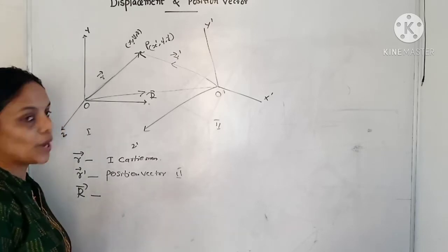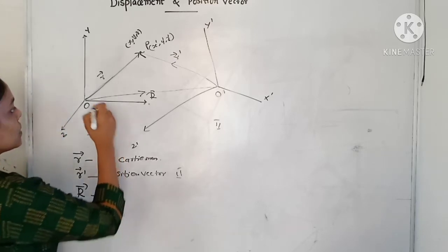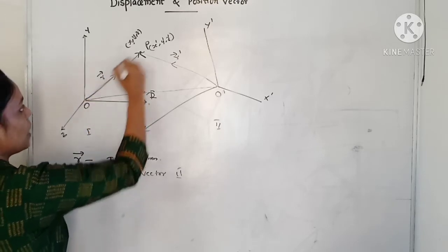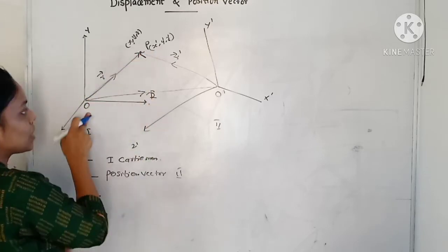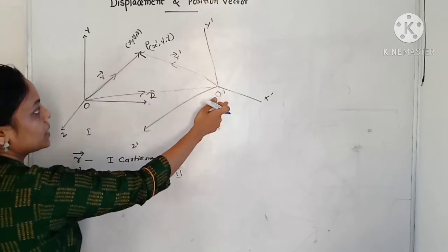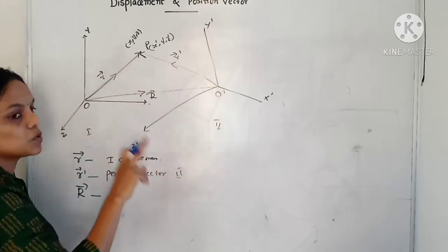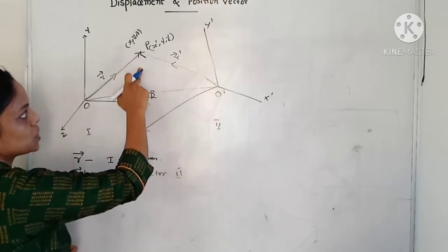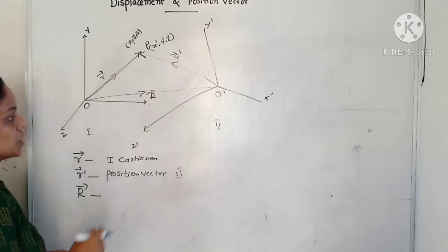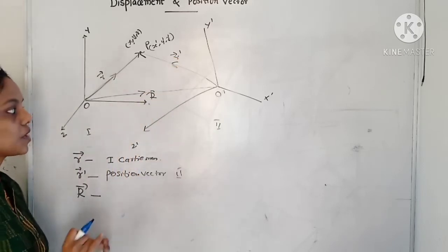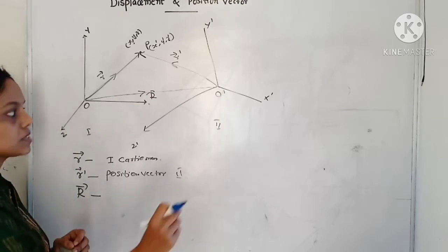by using vector addition. This is the position vector r, which has a direction from O to P, and here r dash represents the position vector from O dash to P, and capital R is the vector from the first coordinate system to the second coordinate system.